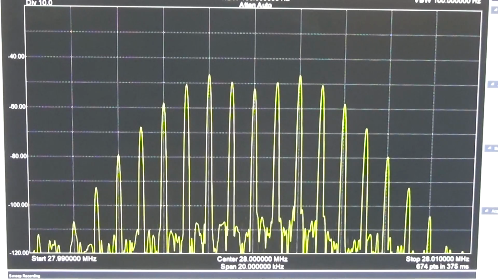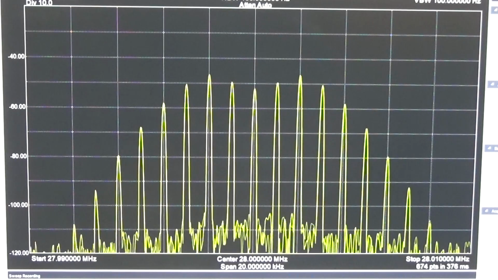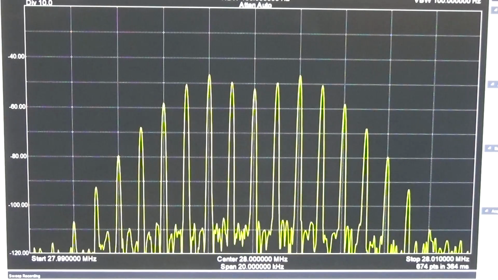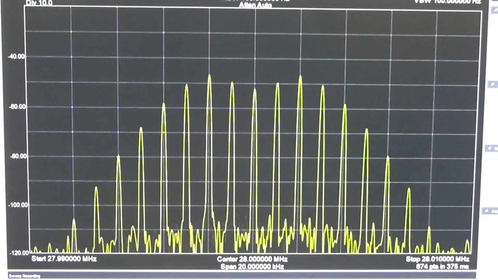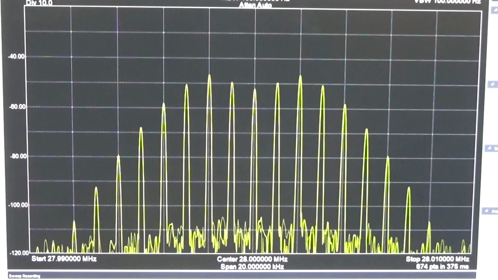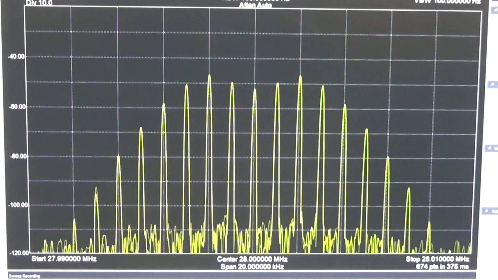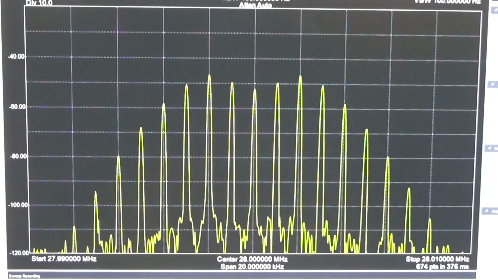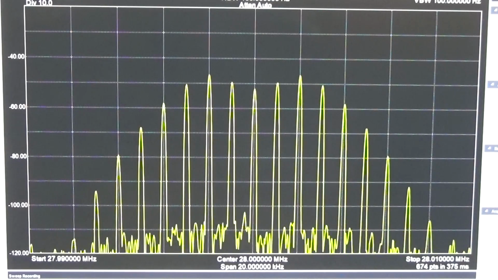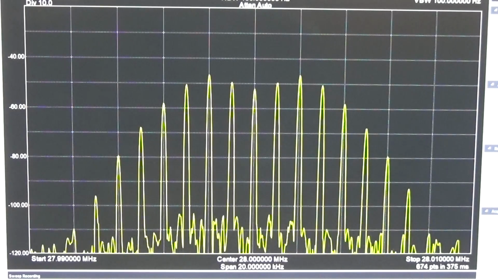Now we have to deal with two parameters. One is of course our audio frequency, and secondly it is our deviation. So first of all, we are able to find relatively easily our audio frequency. Okay, and I want to show you that.